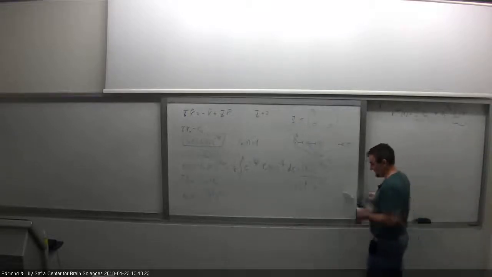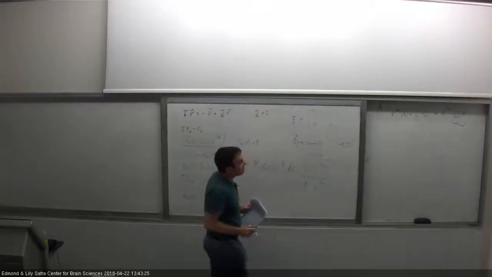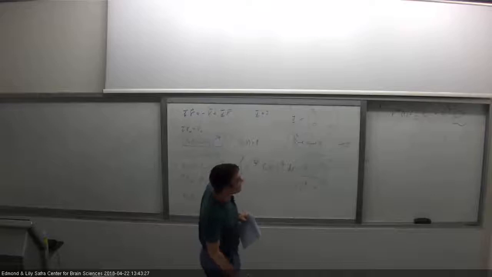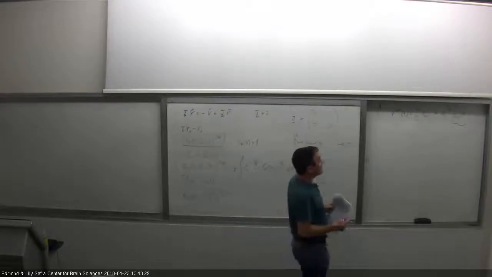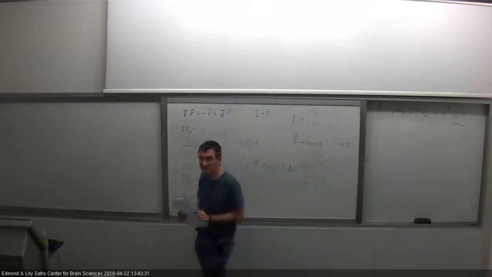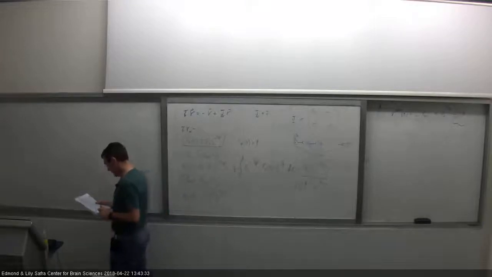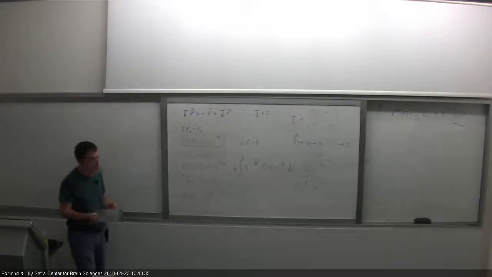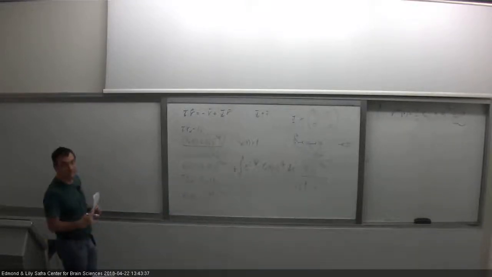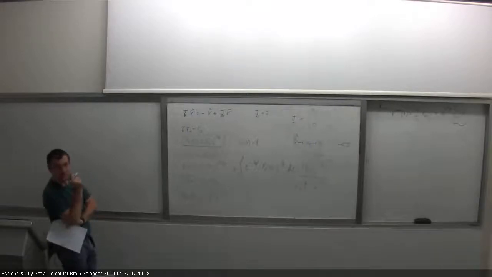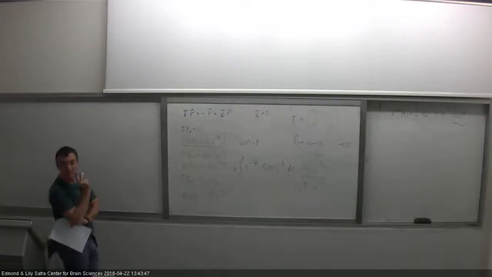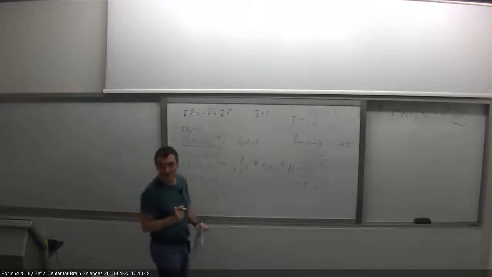So what is this sum? Sum over j, 1 over j factorial, t over tau to the power of j. It's almost true. When will this be true? In the limit of what goes to infinity?